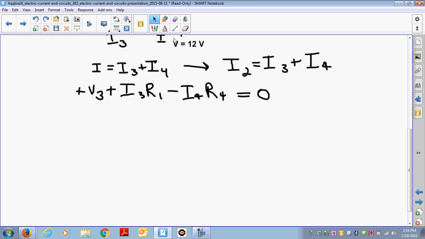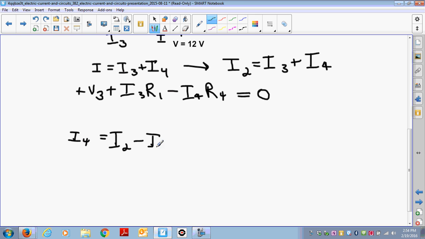So I'm going to go ahead and solve this equation right here for I3. I'm sorry, I4, because I want I3. I4 is equal to I2 minus I3. And now I'm going to substitute this in to here.